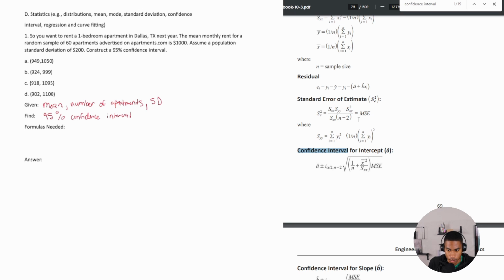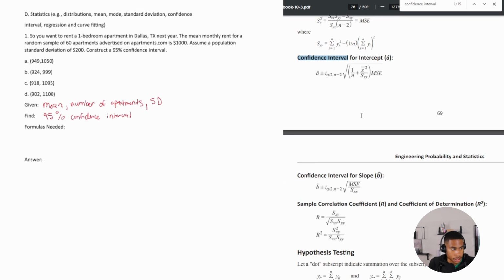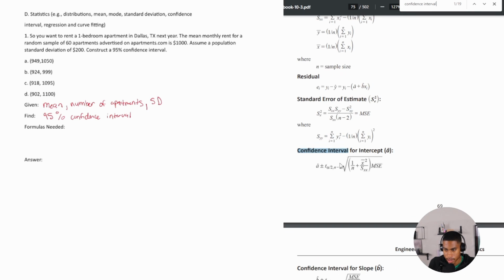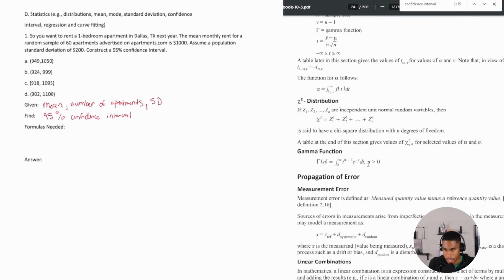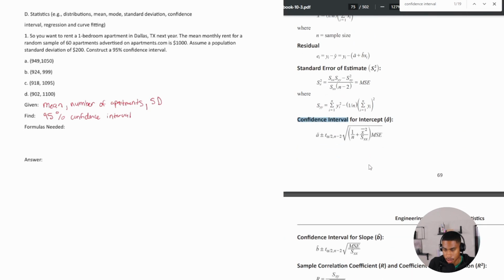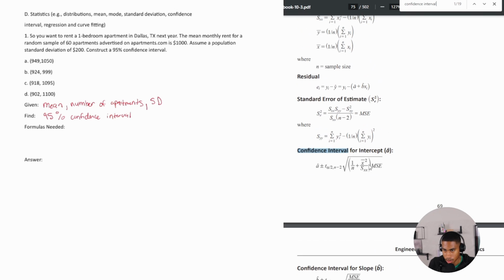The first thing that comes up is a confidence interval for intercept. So this is kind of confusing, all right? A lot of symbols, and you need to know those symbols. So it'd be nice if they told me what those symbols meant.